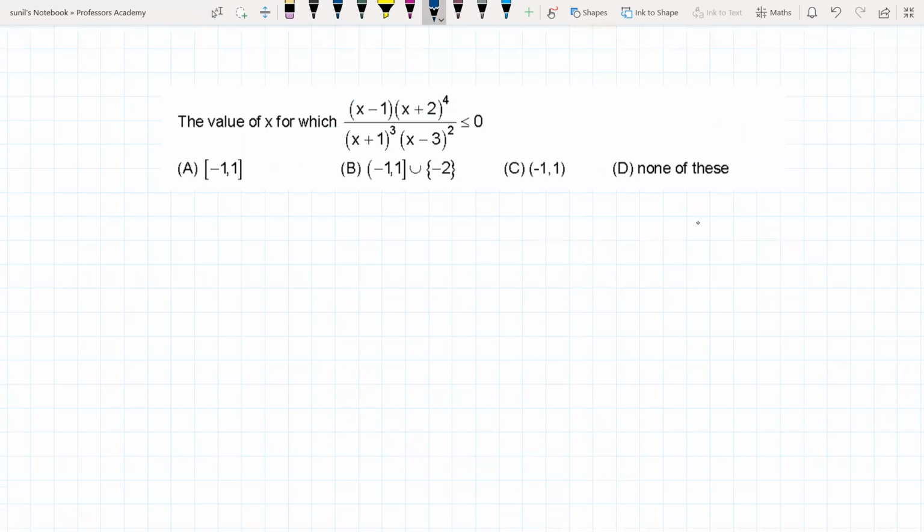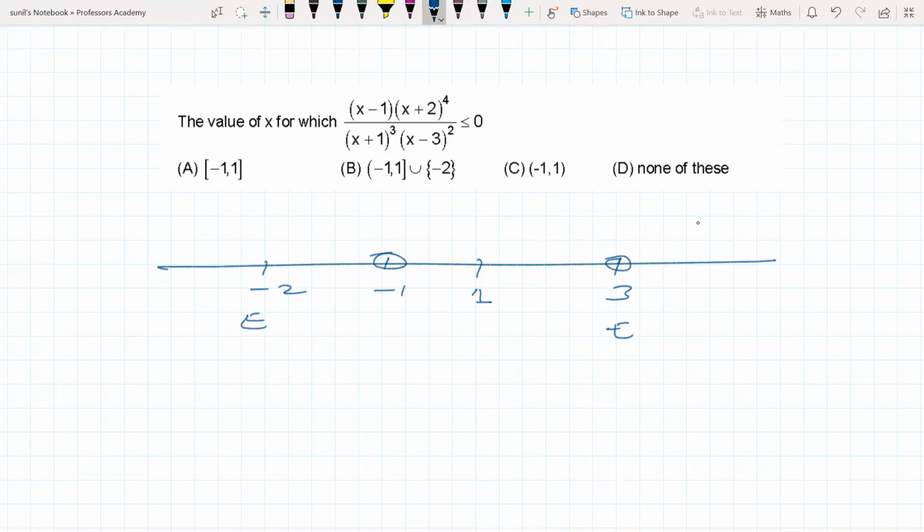At what point does it become 0? It will be 0 at x equal to 1, and the power is even. Minus 2 should be an even power. Now minus 1 is an odd power. Now 3 is an even power. You see these points, minus 1 and 3. Minus 1 and 3 are critical points, and they are coming in the denominator.